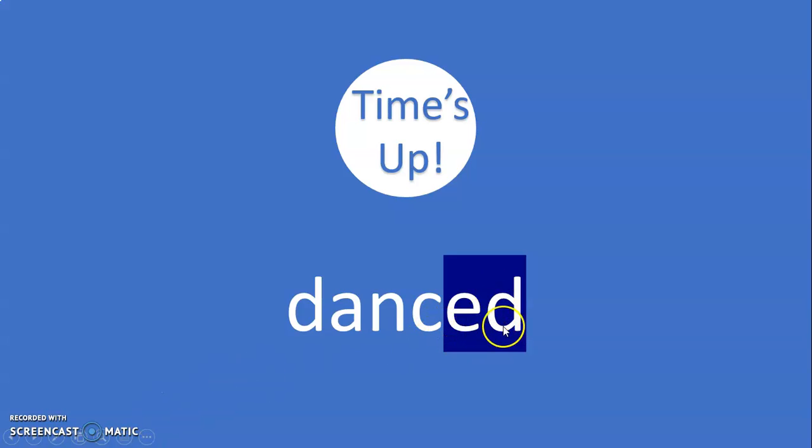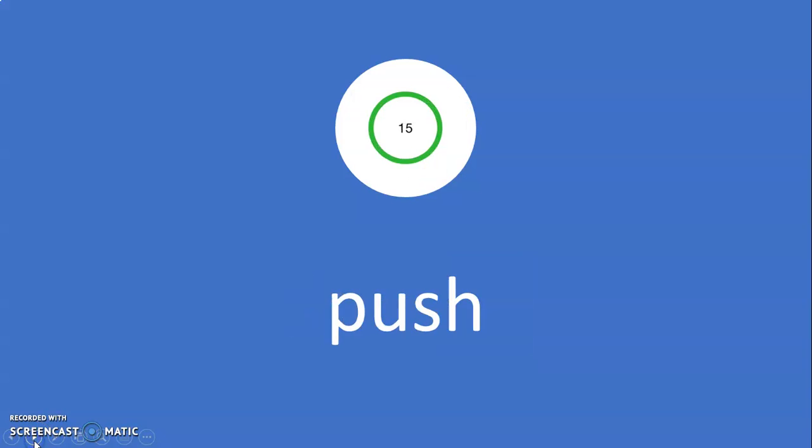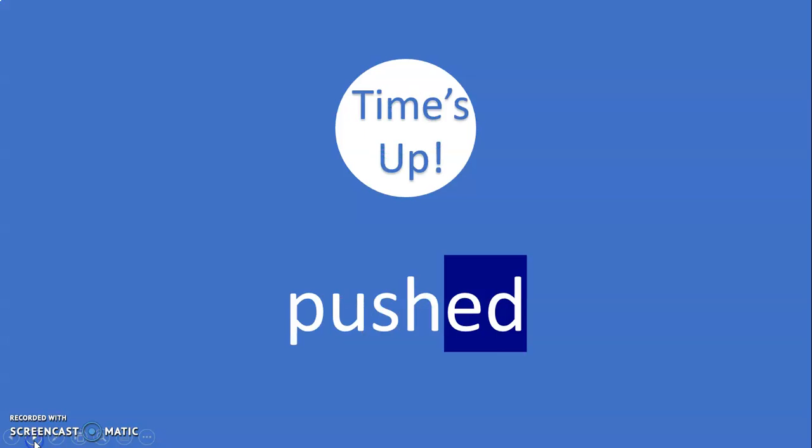So now we just had to add the letter D, just like in smile. Very good if you got that. Keep going. Read this one. Okay, so push turns to pushed. Very good.